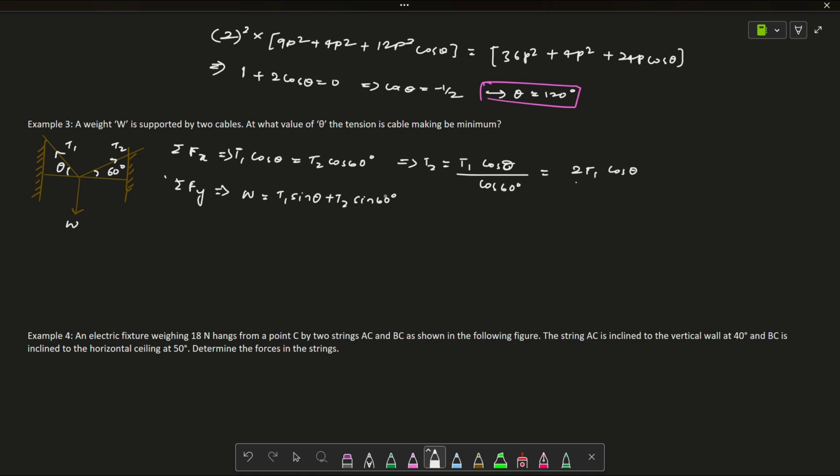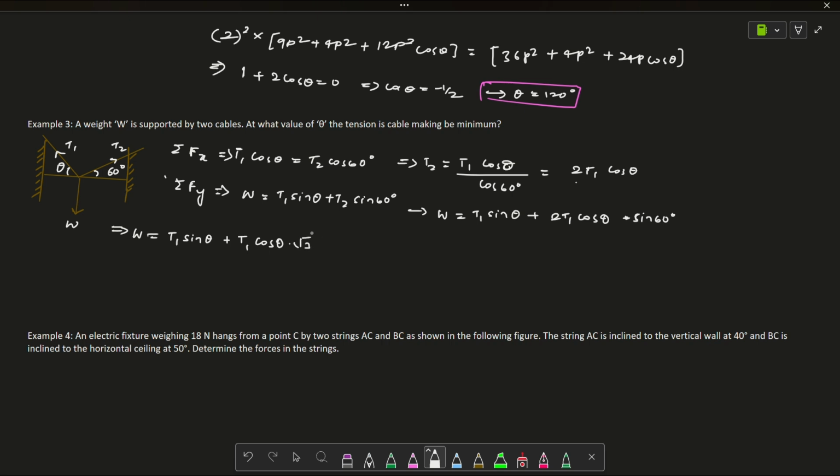If we put this value in the equation, we get W equal to T1 sin theta plus T2, which we replace with 2T1 cos theta, into sin 60. Sin 60 is root 3 by 2, and the 2 will cancel. That's why we can write W equal to T1 sin theta plus T1 cos theta into root 3.